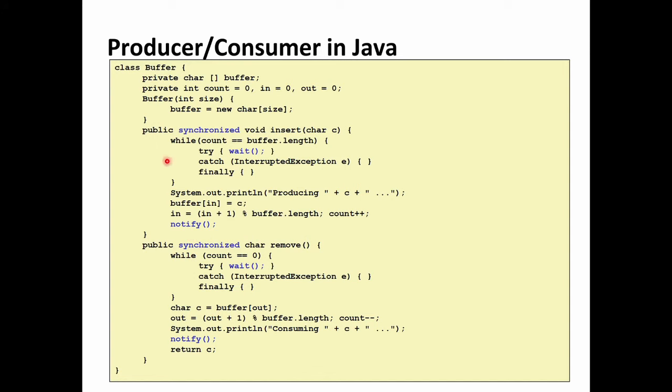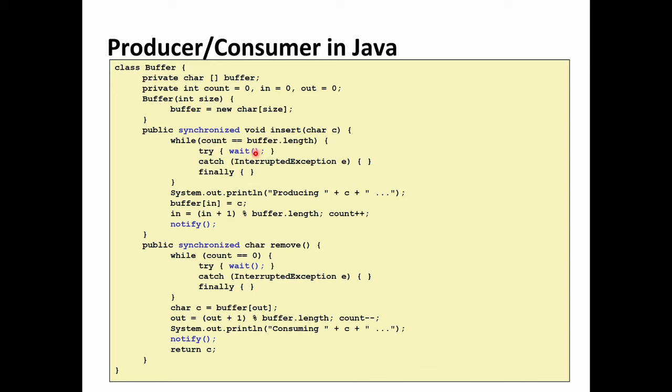And in here we have this while loop: if the count, meaning the number of items in the buffer, equals the buffer length, it means it's full, then we do a wait, a try wait, and as a result of this, it will sleep. It will sleep until it catches an interrupted exception, and when it gets that, then it will get out, come back and check whether the buffer is still full or not.